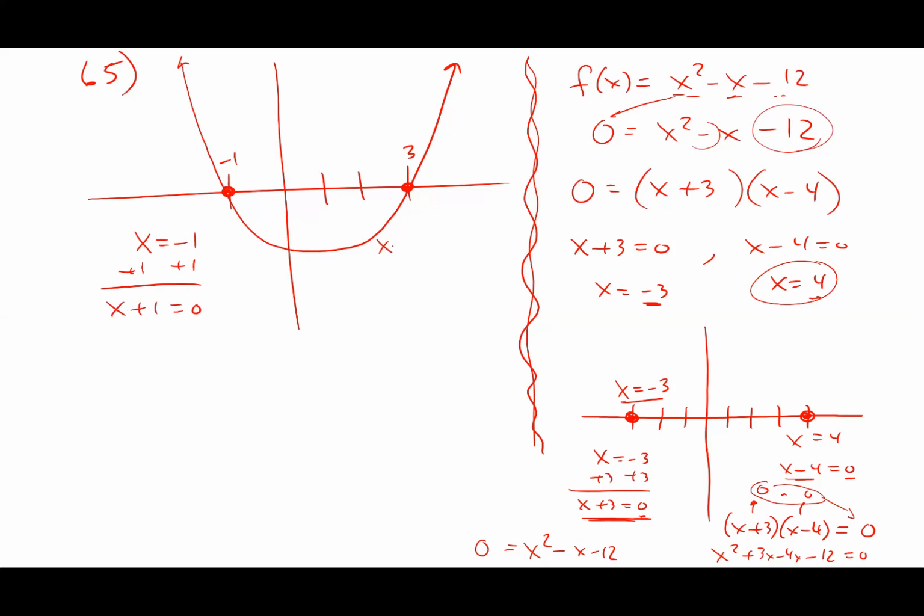The other solution is x equals 3. If I subtract 3, it gives me a 0. If I were to multiply these together, it gives me a 0. So if I really multiply these out, the binomials, negative 3 plus 1 would be minus 2x, minus 3.